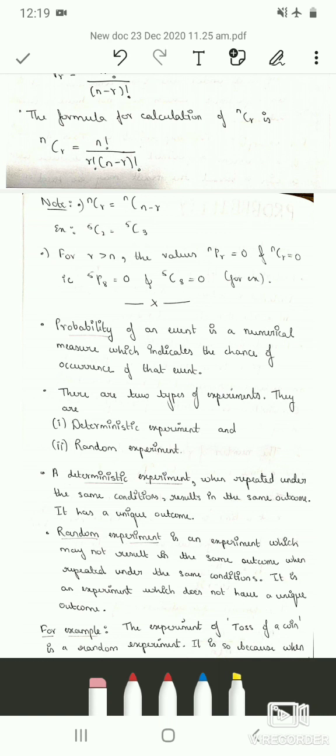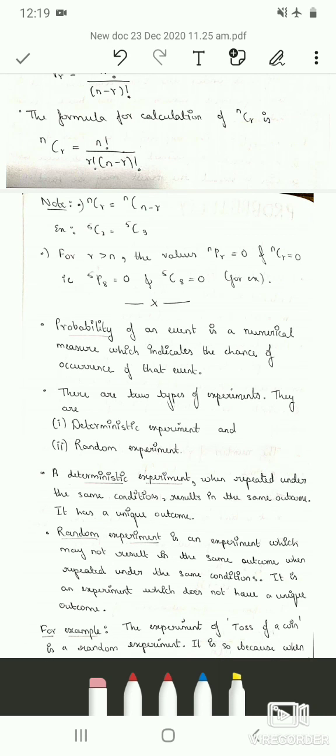So suppose a fair coin is tossed. The toss may result in the occurrence of either head or tail. Here the chance of head and tail are equal. So in other words, we can say the probability of occurrence of head is 0.5 or half, and the probability of occurrence of tail is half.